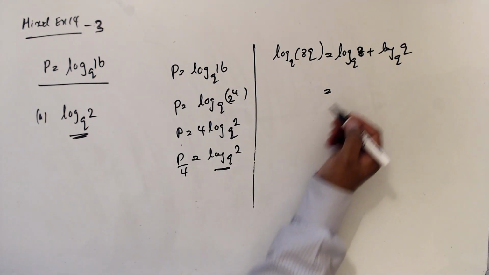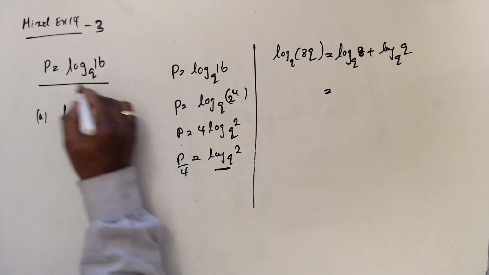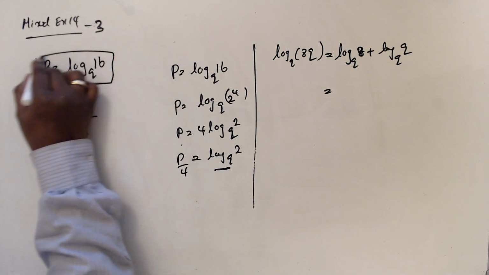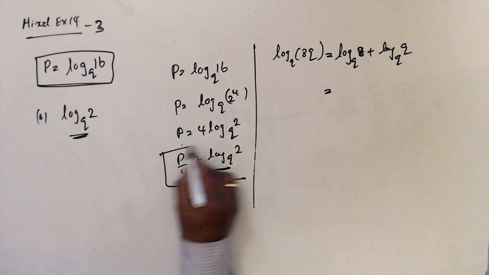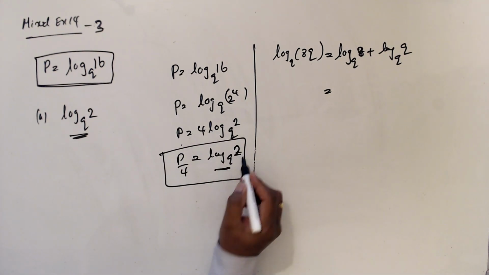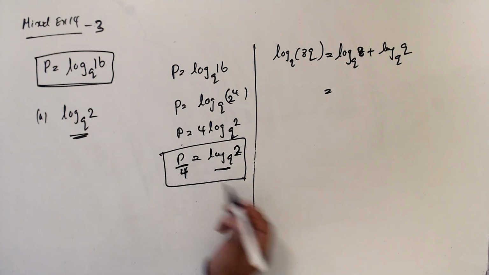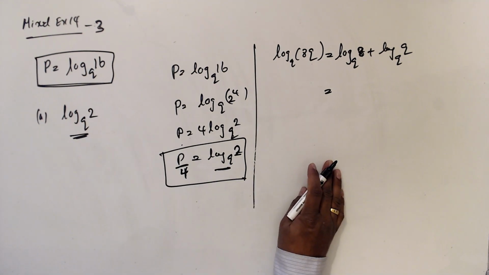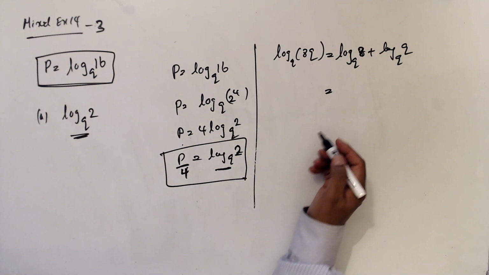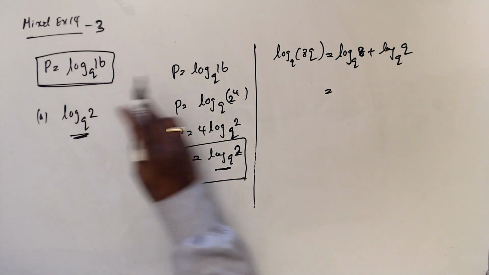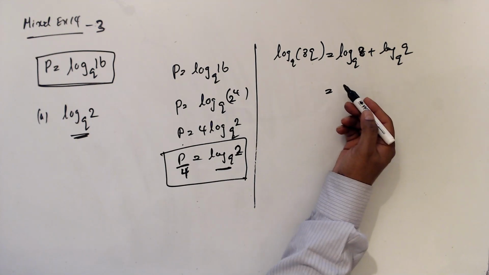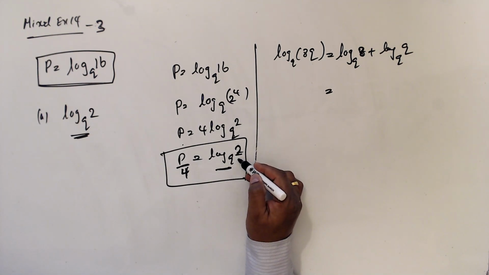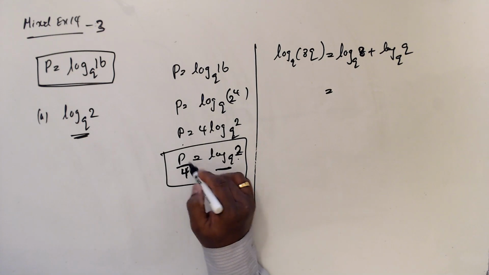Now in this sum we have two data. We have log Q to the power 16 and another data log Q to the power 2. Still we have it in terms of P. So we can try to write either log 16 or 8. If we can write it in terms of 2, then we can use this one.